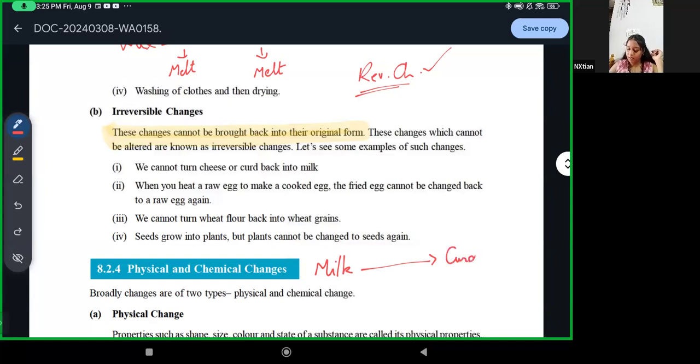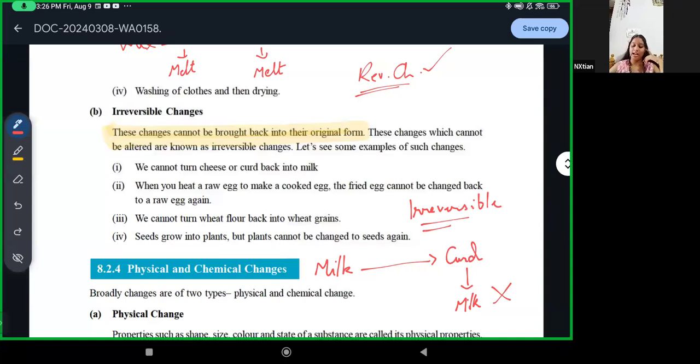After that, can I make milk again from the curd? Can I turn the curd back into milk? No, that is not possible. This is because it is an irreversible change. I cannot reverse this back.